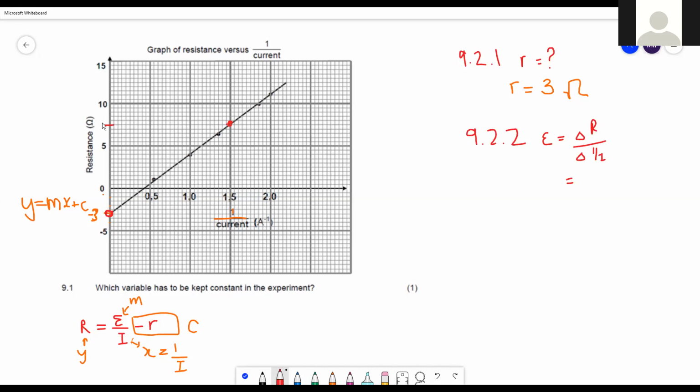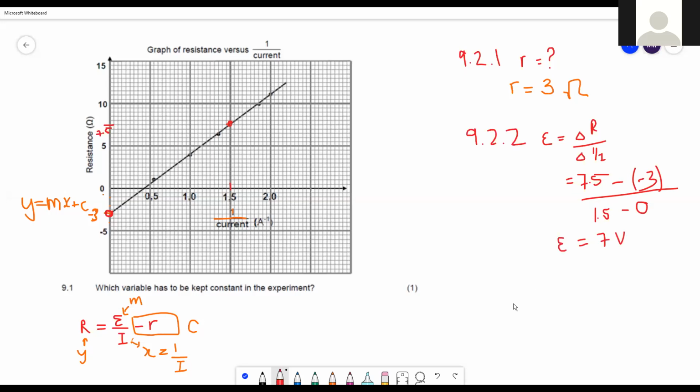that's halfway, so that should be 7.5. Okay, so it's going to be 7.5 minus -3 divided by, so 1.5 minus 0 is equal to, put it in your calculator and you should get 7 volts.